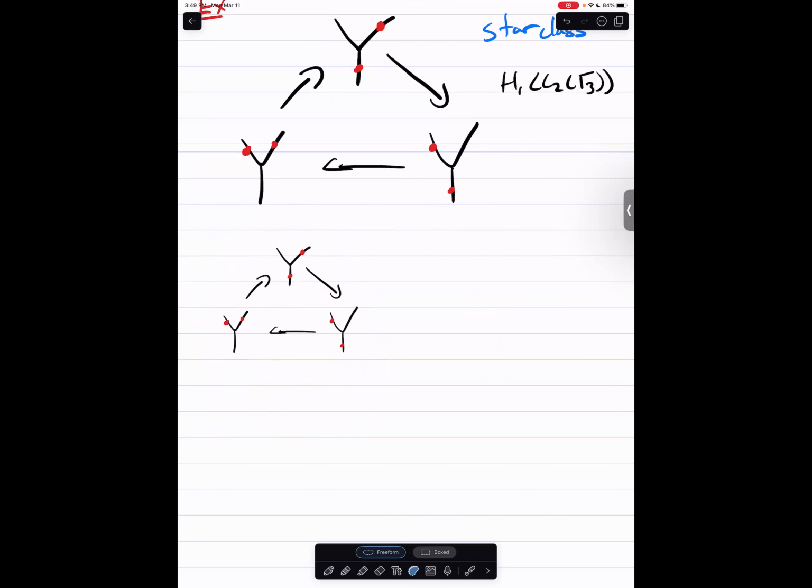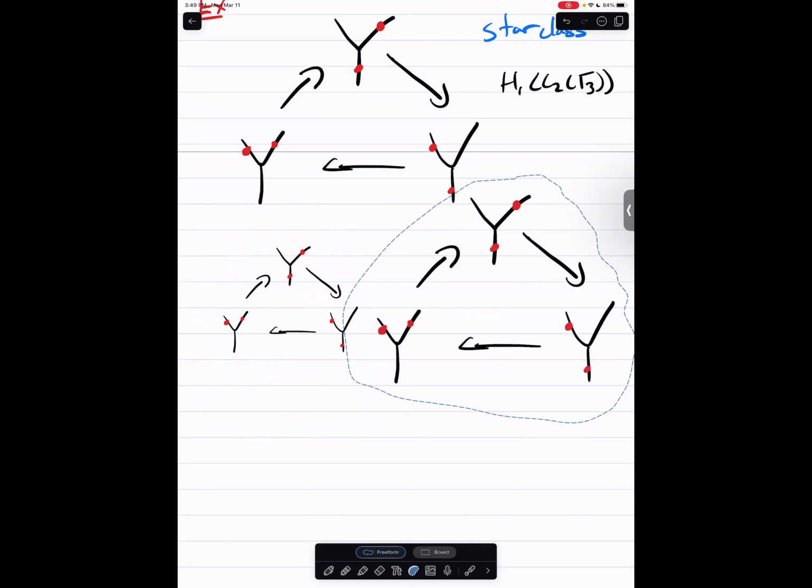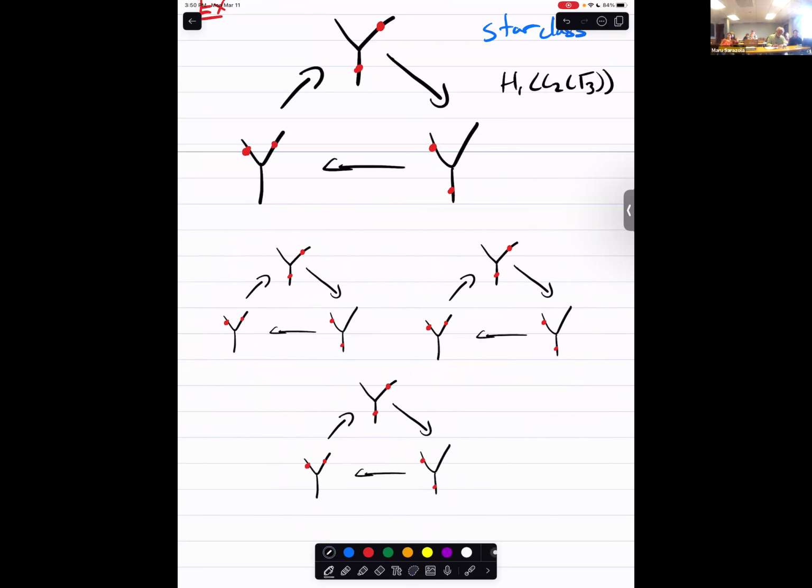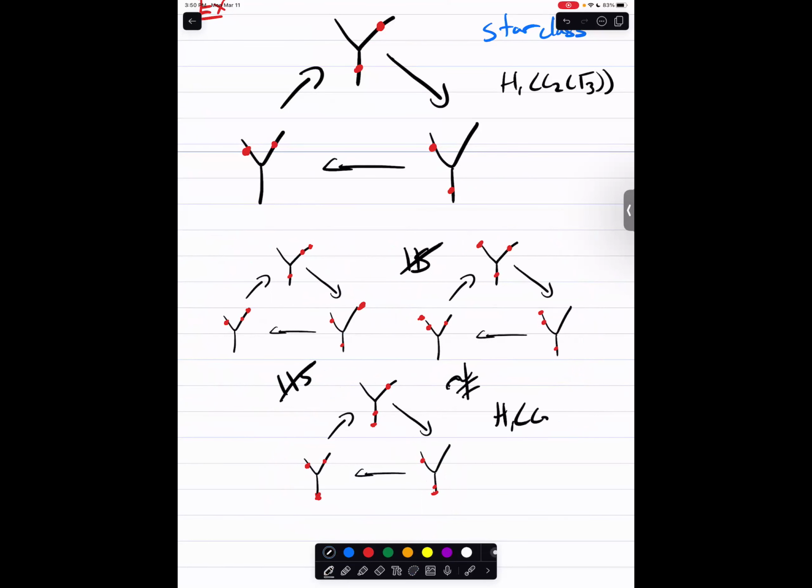So, we have 3 classes here: adding things at the top right, adding things at the top left, and adding things at the bottom. And it turns out that none of these things are the same class in H1 of the unordered configuration space of the star on 3 edges.